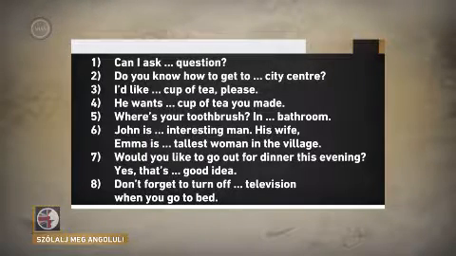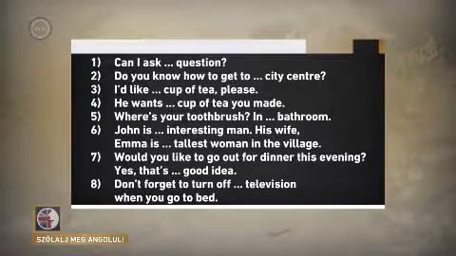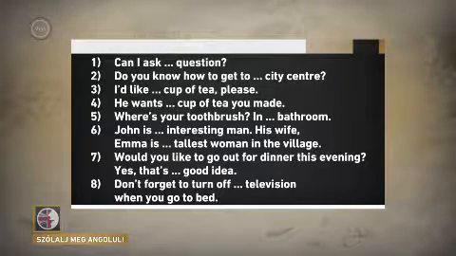Number five, where's your toothbrush? In bathroom. Number six, John is interesting man. His wife, Emma, is tallest woman in the village. Number seven, would you like to go out for dinner this evening? Yes, that's good idea. Number eight, don't forget to turn off television when you go to bed.